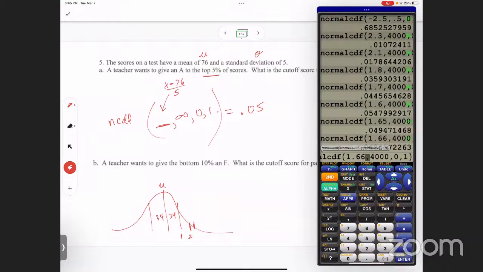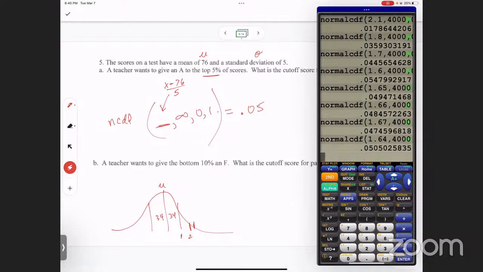Dang. 1.67. Am I going the wrong way? Oh yeah, I'm going the wrong way. 1.64. I'm going the wrong direction in my extrapolation. All right, that's close enough. So I want this to be equal to, you see how I did that? I know that that has to be equal to 1.64.